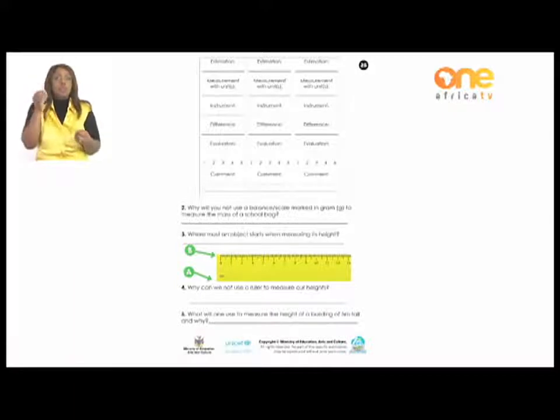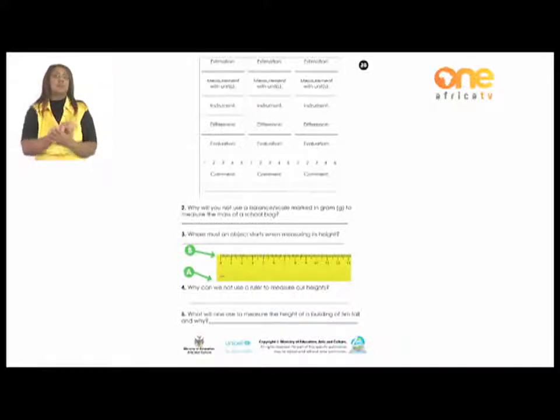Number 3, where must an object start when measuring its height? Where should you place an object on whatever instrument you have to measure? Number 4, why can we not use a ruler to measure our height?